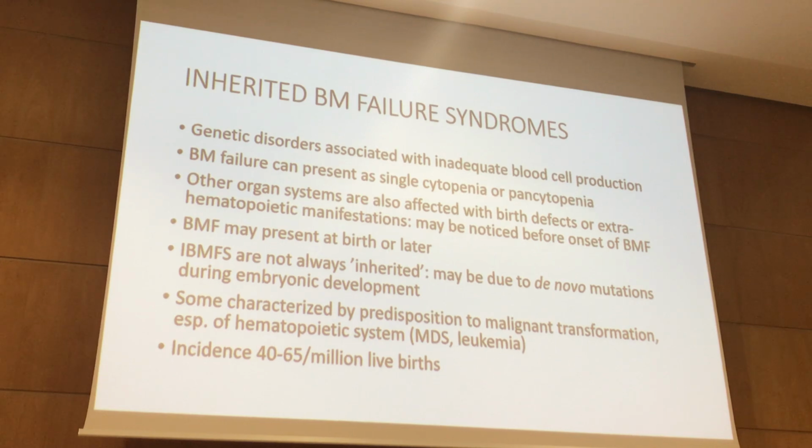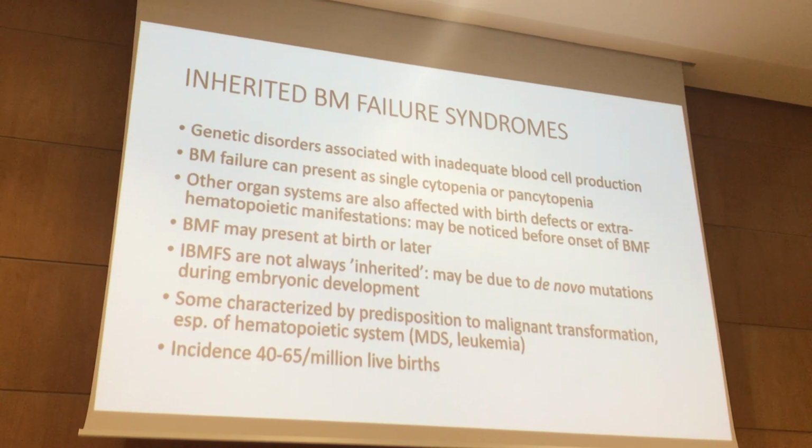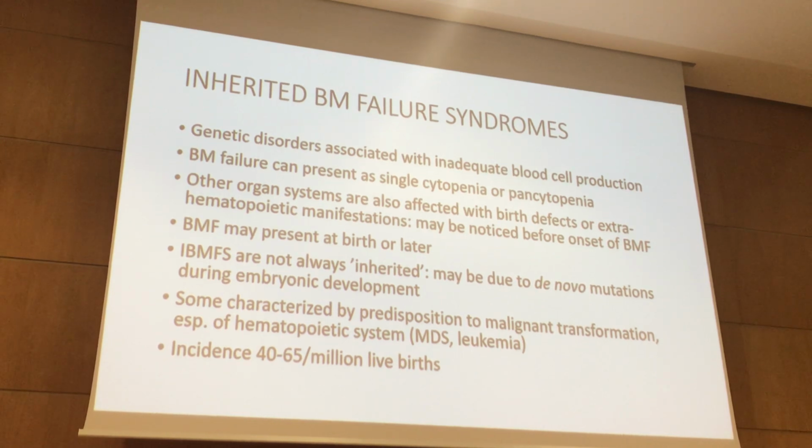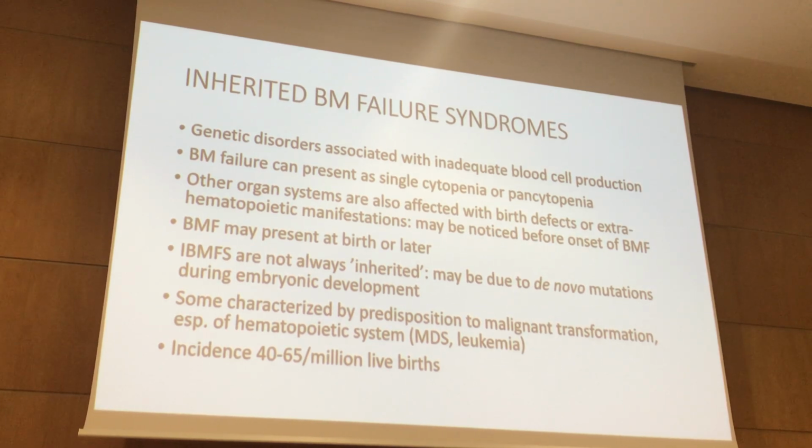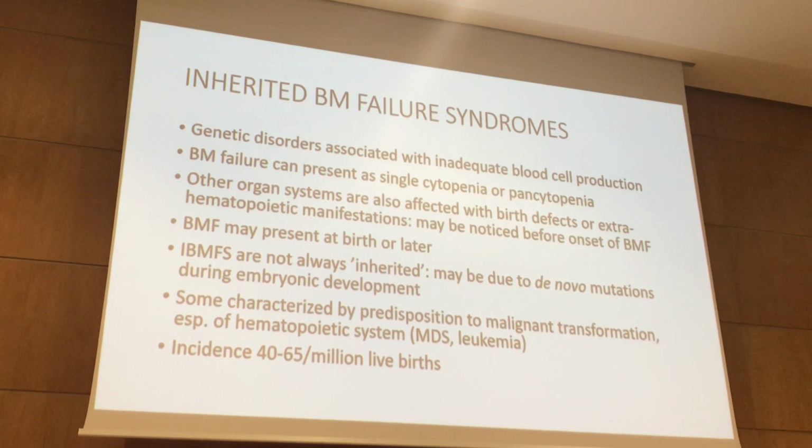Even in some cases of inherited bone marrow failures, the aplastic anemia or bone marrow aplasia can be seen even in adulthood. Although we call them inherited bone marrow failure syndromes, and most of them are inherited, there may of course be some new mutations, which we call de novo mutations, which may be the first case in the family.